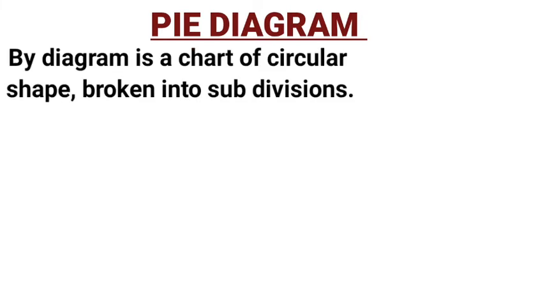Pie diagrams are charts of circular shape broken into subdivisions. What you did in the subdivided bars, you are going to do in the circle.